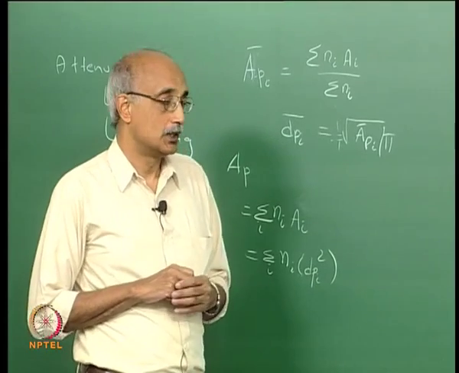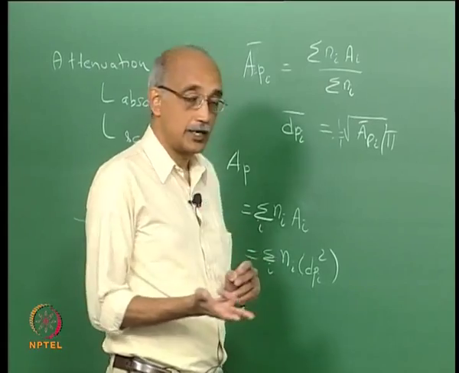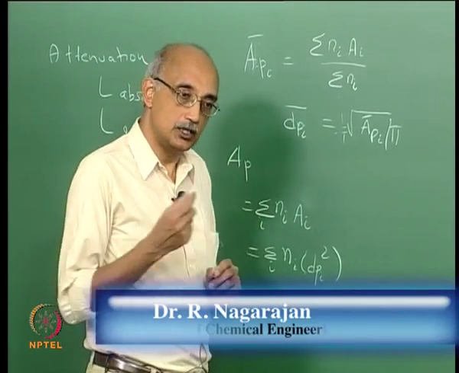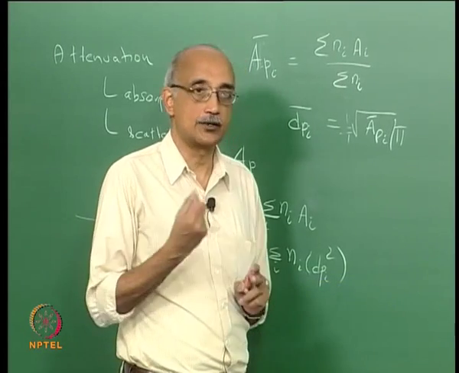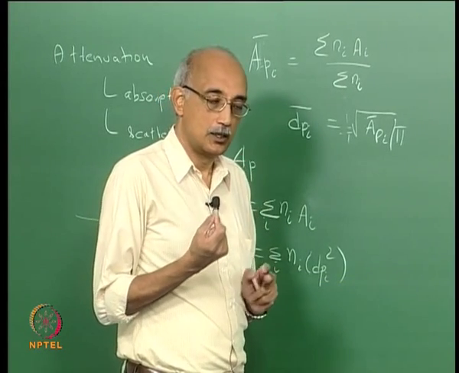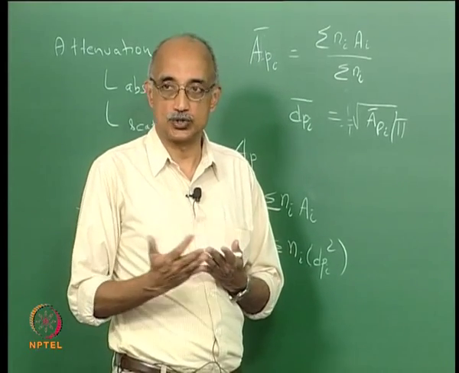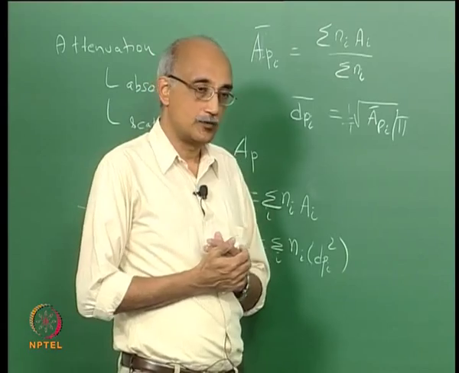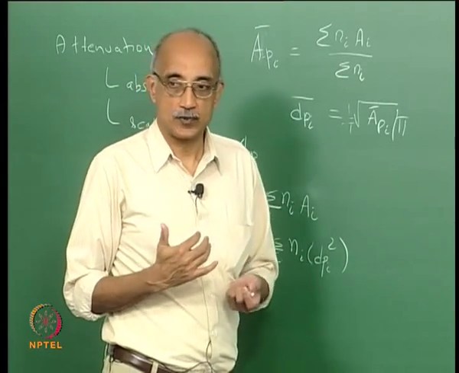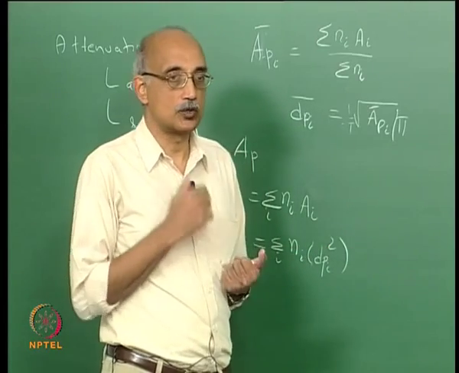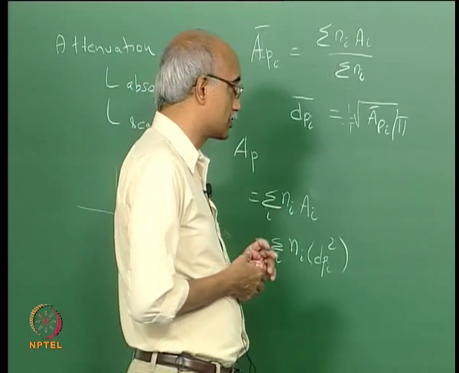You can also calculate a number mean diameter, you can calculate a volume mean diameter, and when we talk about individual particle size measurement, we will also see that there is something called a scattering mean diameter. These are all essentially various moments of the particle size distribution law, and the different moments will represent different mean diameters. We will discuss that in more detail when we talk about particle size distribution characteristics of a population of particles.